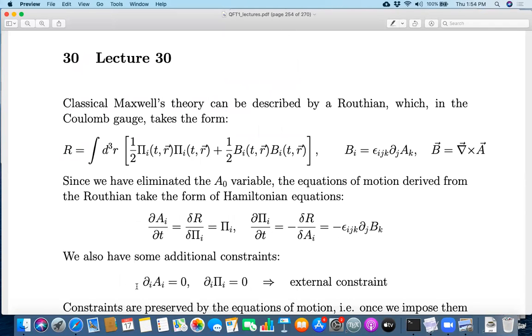Because you remember what I said initially, that the way you will quantize Maxwell's theory is that we will first analyze the classical equations to bring it into the form that will be equivalent to the original set of equations, and then we will quantize it, right? So far, you have not done any quantization. All you are claiming is that this Routhian, the equations of motion that we derive from this Routhian, together with these conditions, is equivalent to the original set of equations.